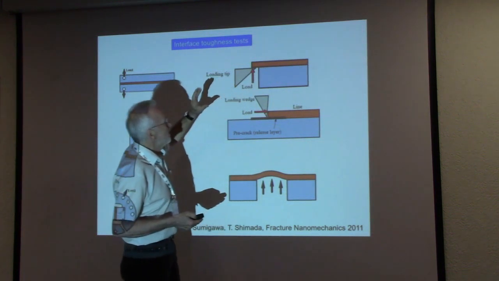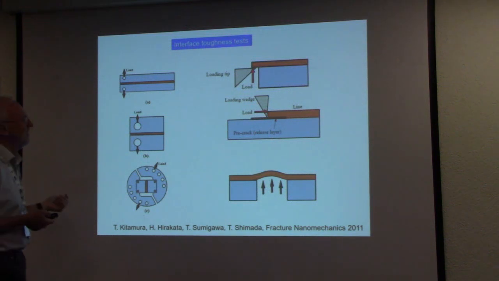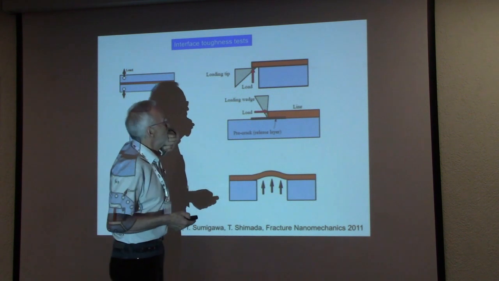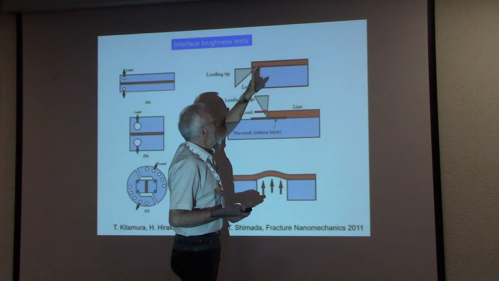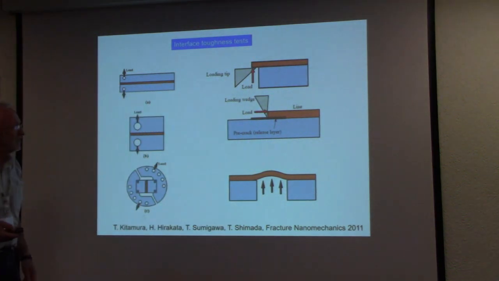But you always have to take into account the difference in the elastic properties between the different materials for the strength calculation. And then when a crack can generate, you can also measure the fracture toughness values.